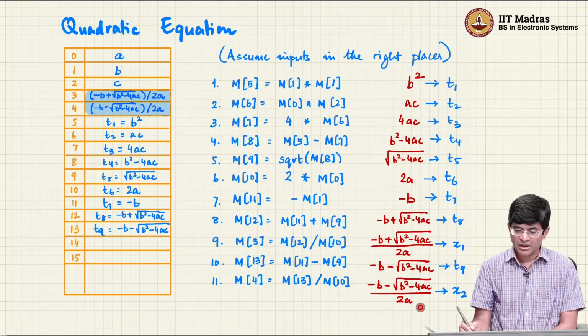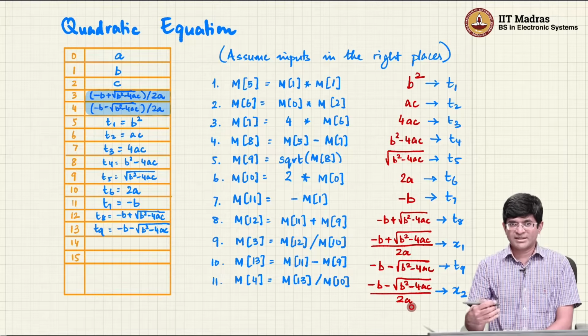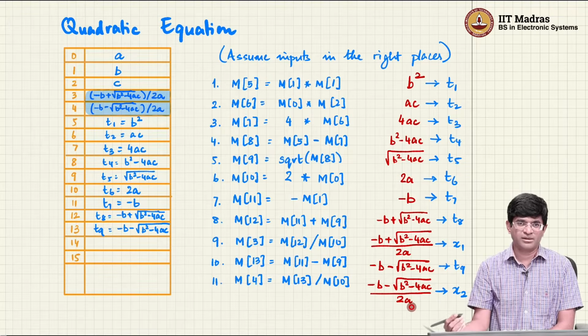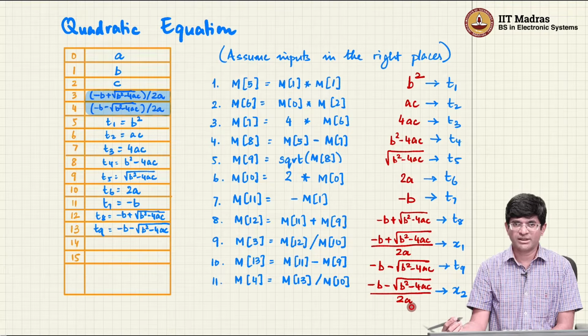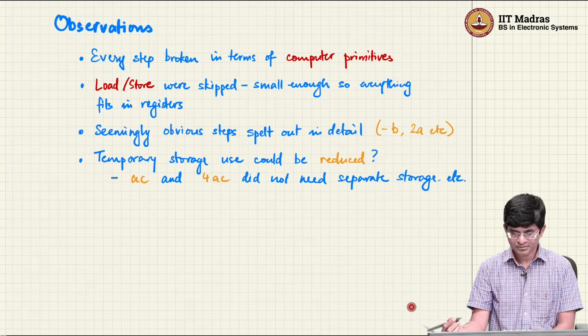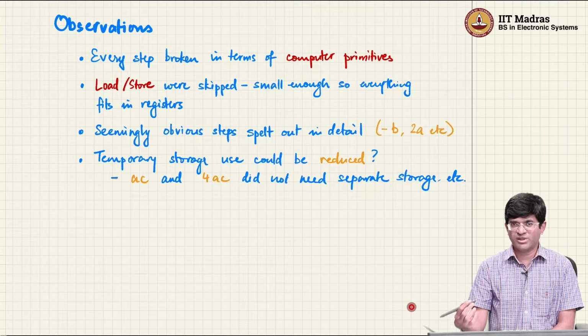So this sequence of operations has actually finished my job. I have done everything that I wanted to do. I have performed the computation that I was looking for. There are a few observations that we can extract from here.